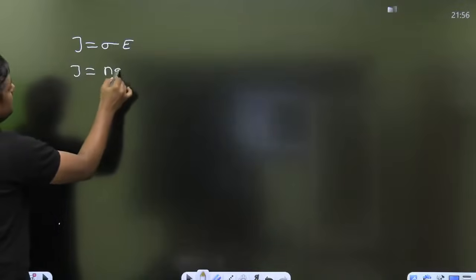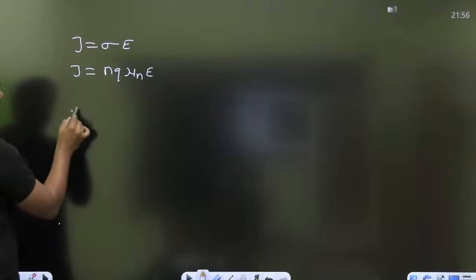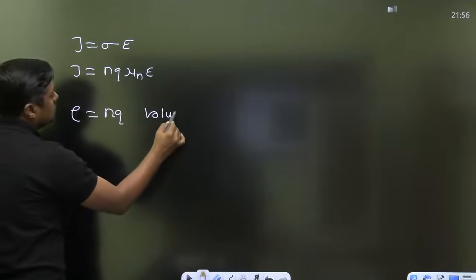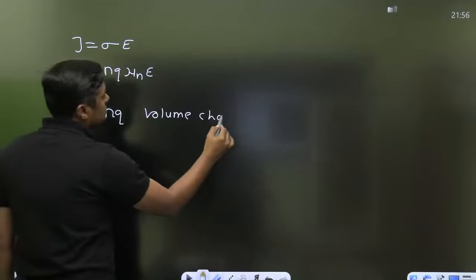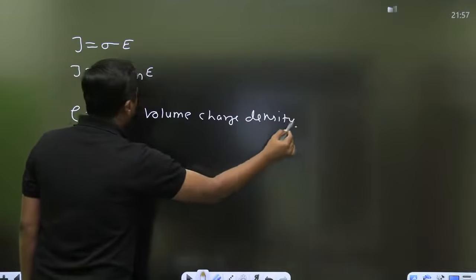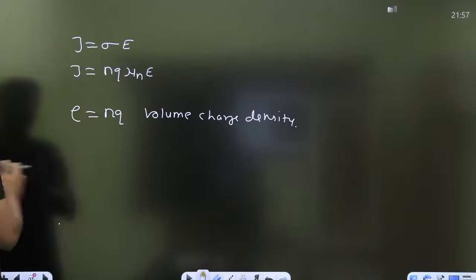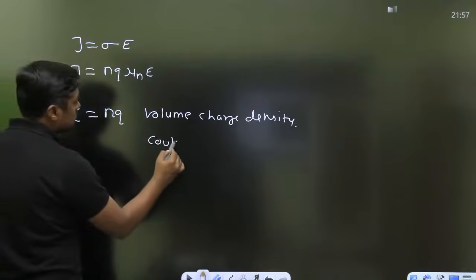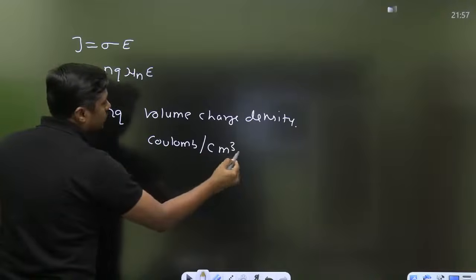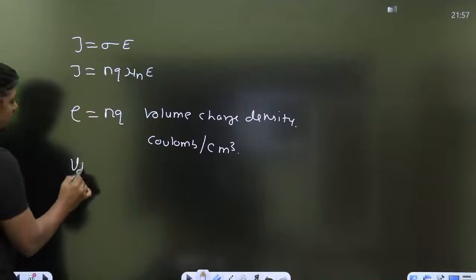For metal it is given by NQ mu n into E. That NQ is called volume charge density. Remember that is the volume charge density. Rho, this is the rho, and the unit is coulomb per centimeter cube or per meter cube, rho, and mu n into E is called drift velocity.